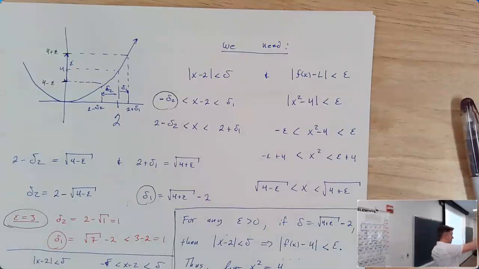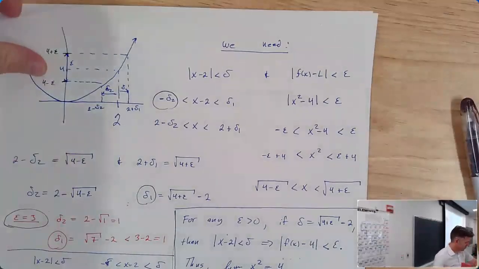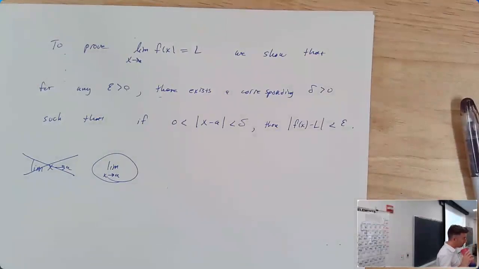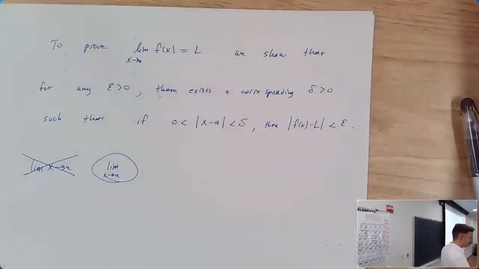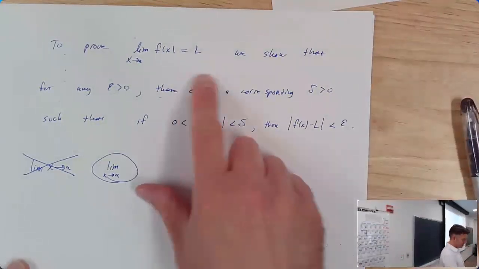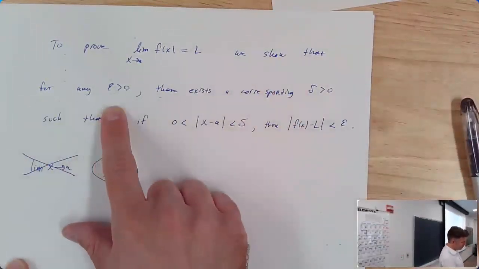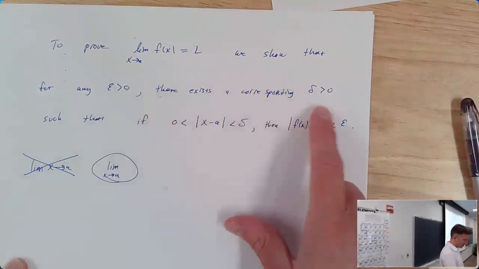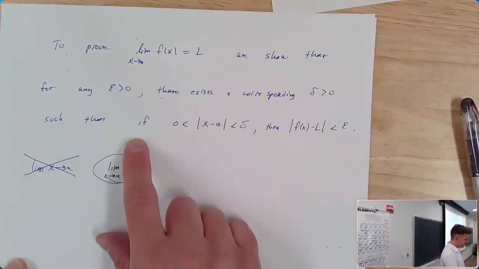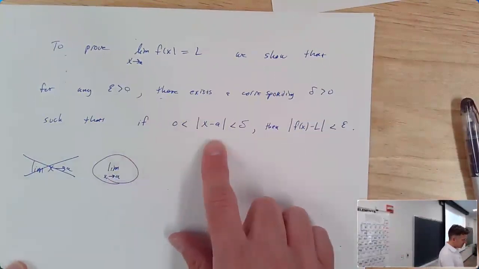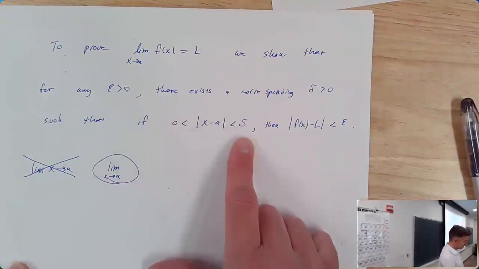Question? Yes, I would say that's the limit as x approaches a of f of x equal to L. And what I'm saying is we show that for any epsilon greater than 0, there exists a corresponding delta greater than 0 such that if, now I want you to read this as, the absolute value of x minus a is less than delta.